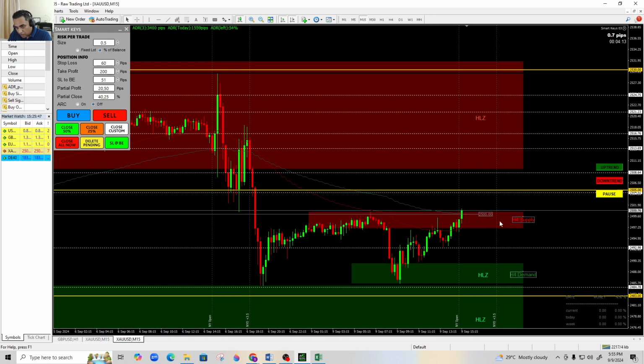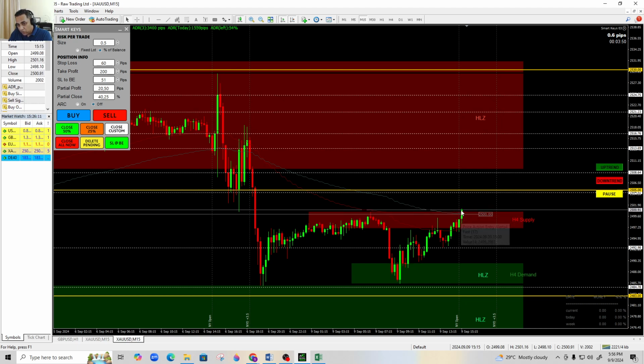Just because price broke this supply zone, I'm not going to delete this box here. It's going to stay there because I want to see how price reacts over the next 2 candles. If price continues to close above, we can comfortably delete this.